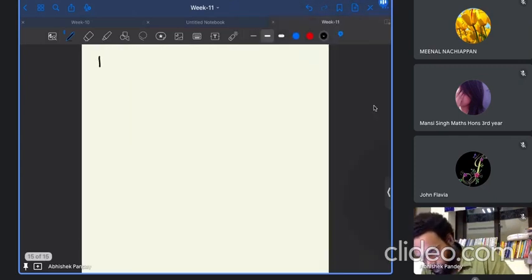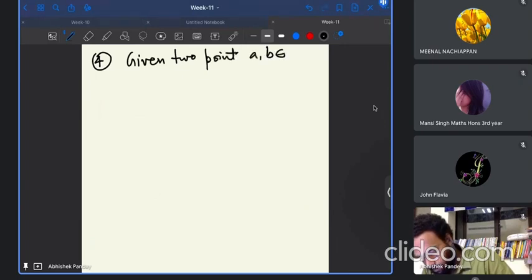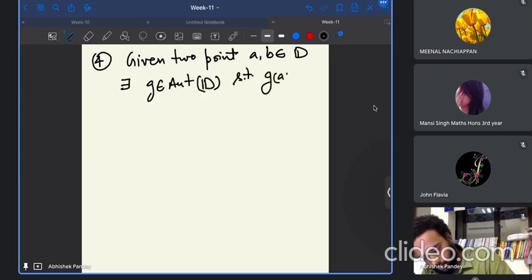So the fourth option is, given two points a, b belonging to D, there exists g belonging to the automorphism of D such that g(a) is equal to b.